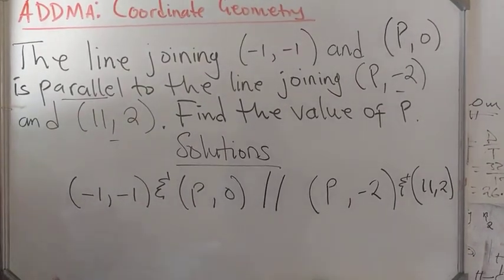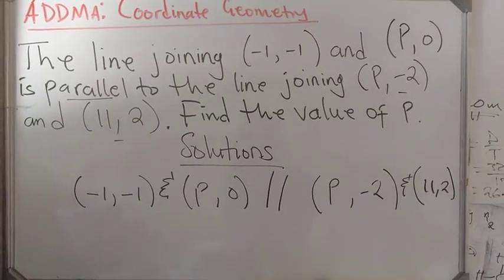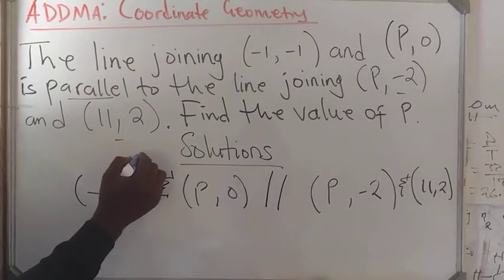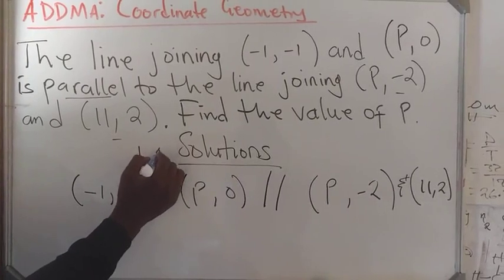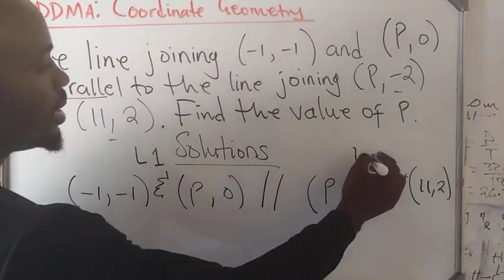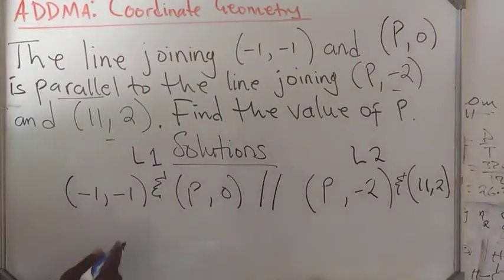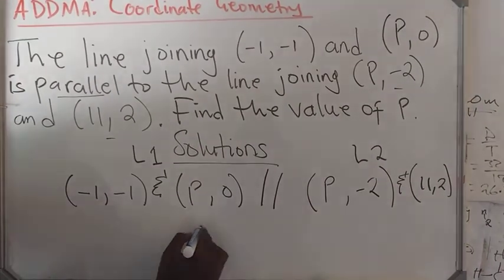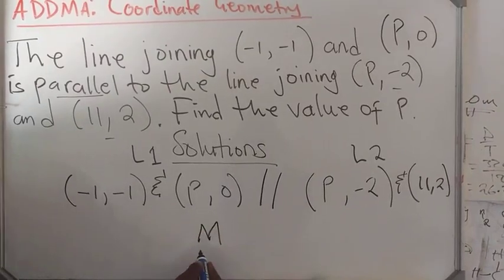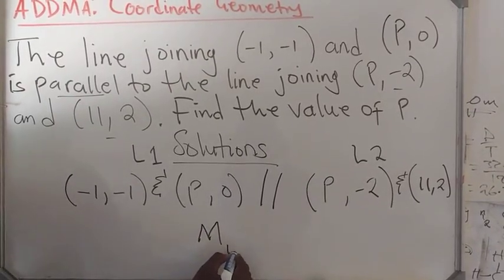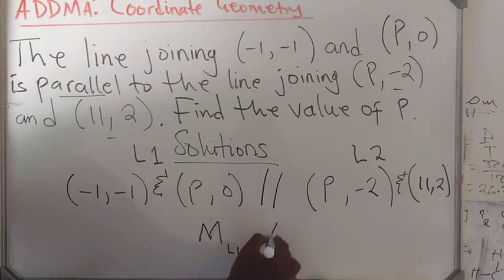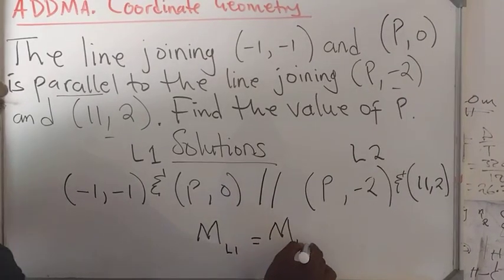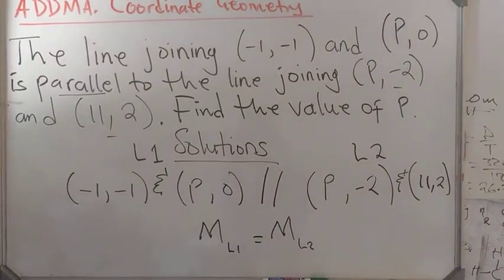So if this is our line 1 and this is our line 2, since these two lines are parallel, the gradient, M stands for gradient, of line 1 is equal to the gradient of line 2. I hope you are getting me.